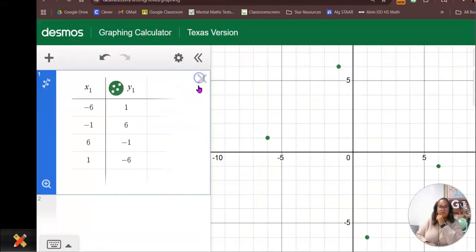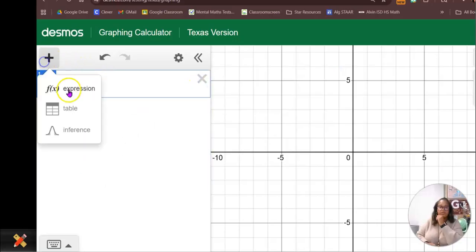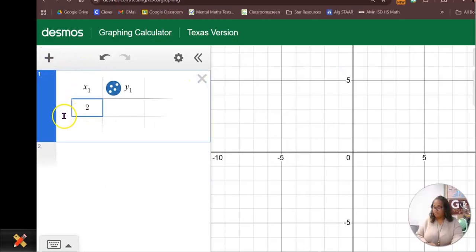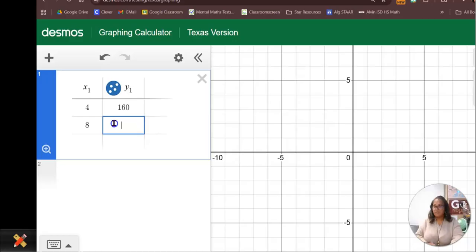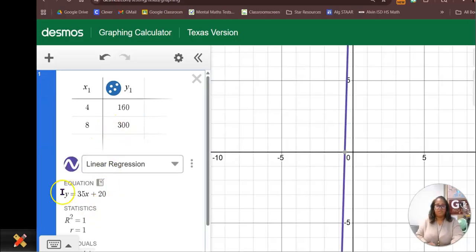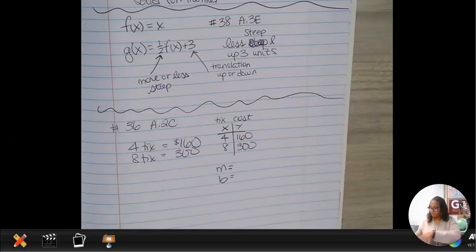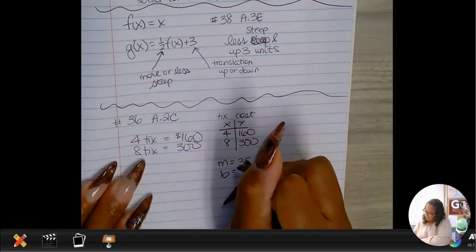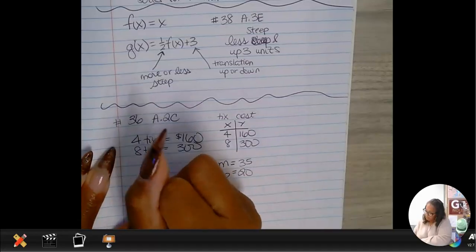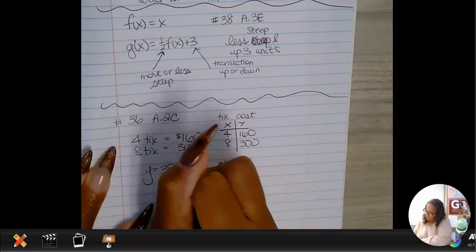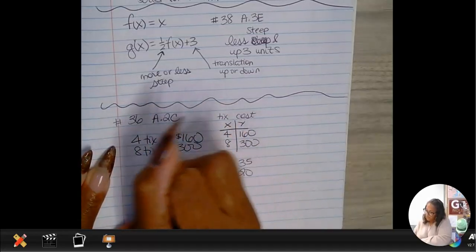Desmos, close, close, close, new table. 4, 160, 8, 300. Linear regression, 35x plus 20. Done.